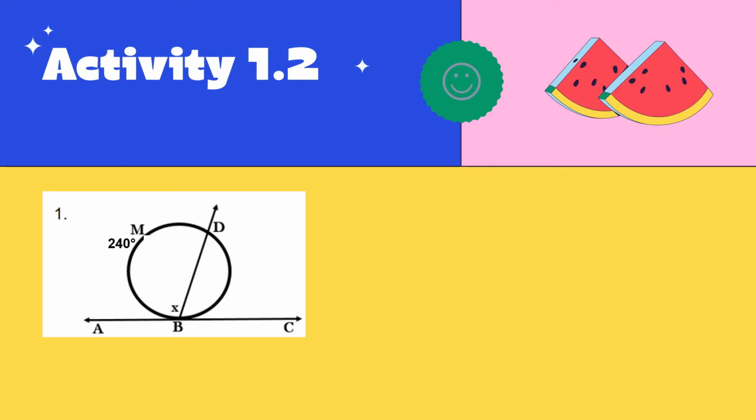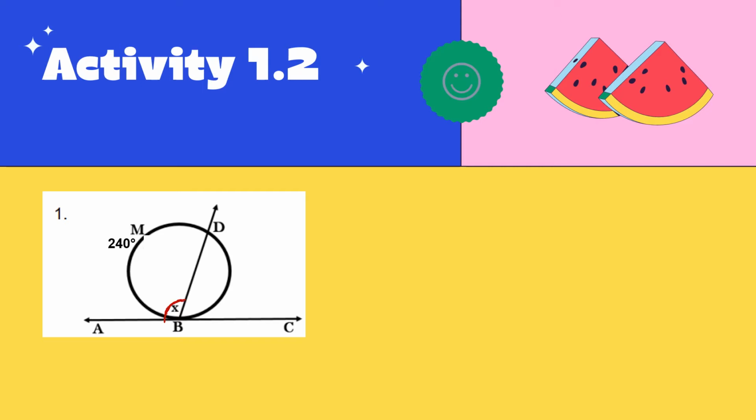Okay. So, here, we are asked to give the value of x, which is the angle formed by the tangent line and secant line intersecting on the circle. So, paano nga ba makukuha ang measurement ng angle na to according to the angles formed by secant and tangent?